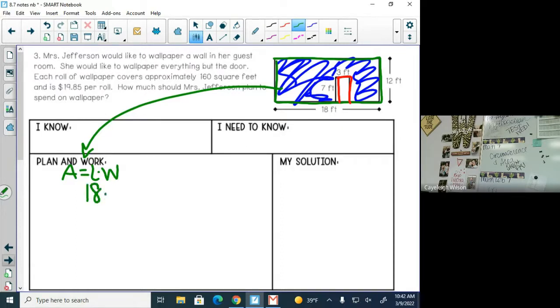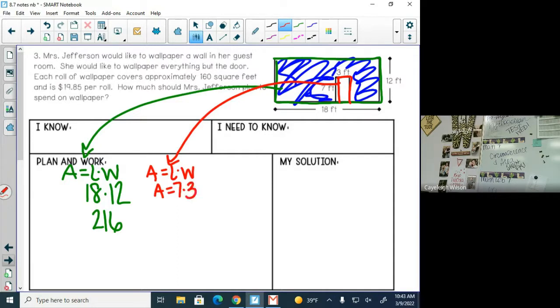So that's 18 times 12, which is 216. So that's the area of the whole entire wall, including the door. Now I'm going to find the area of the door and remove it because I'm not putting wallpaper on that door. So now I'm going to come over here. It's also a rectangle, so I'm using length times width. So that's 7 times 3, which is 21.